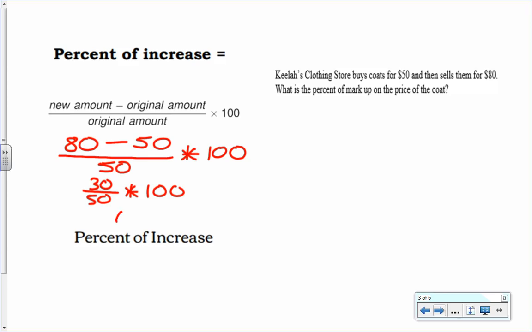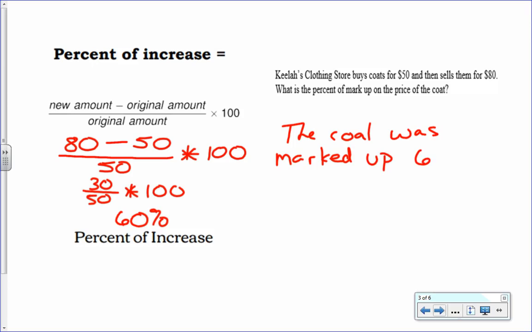When we finish this, we'll get 60%. So the percent markup of the coat was 60%. We could say in a sentence, the coat was marked up 60%. That's how much it was increased by.